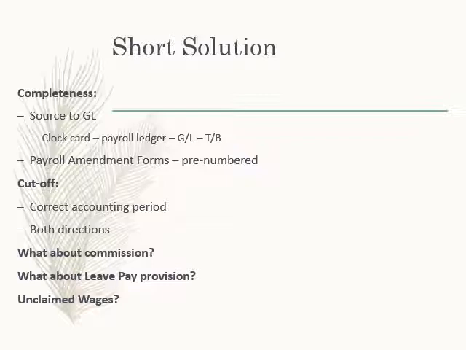Remember we spoke about earlier about these amendment forms, employee amendment forms or payroll amendment forms, and we said that they need to be pre-numbered, and so for completeness sake we can do a sequential check here as well.